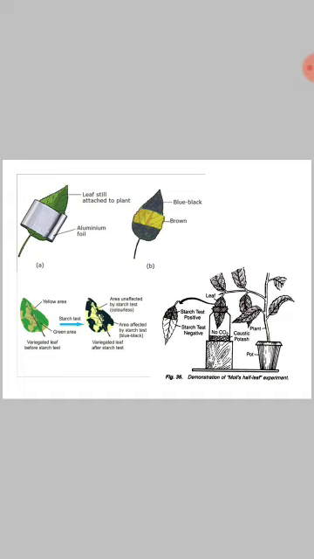And there is another experiment, the variegated leaf experiment. In this experiment we take a leaf in which some part is green and some part is yellow. When we make a starch test on that leaf, we can see that the green area, where chlorophyll was present, responds in the starch test, and the yellow area, where chlorophyll was not present, does not respond.